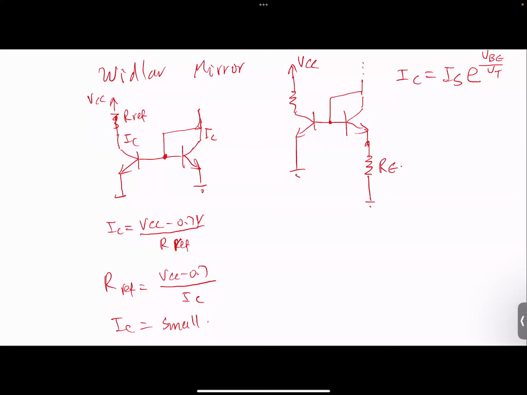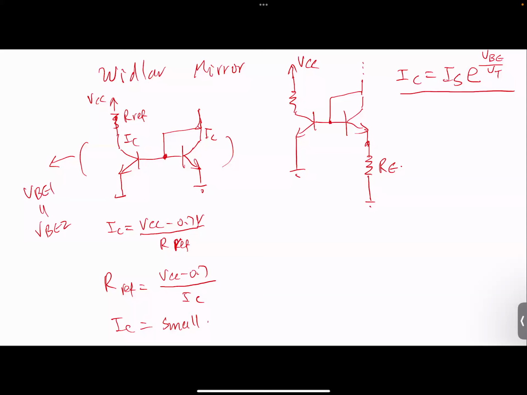Hopefully it's correct. IS can be the same for both transistors, but VBE in this case is not the same. In the earlier example, VBE1 and VBE2 are the same.